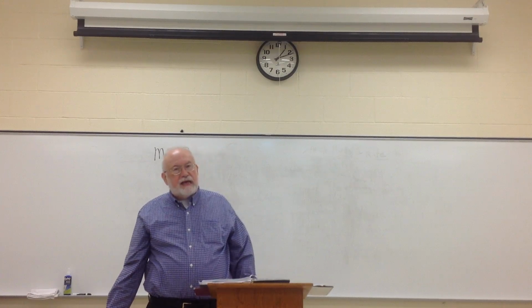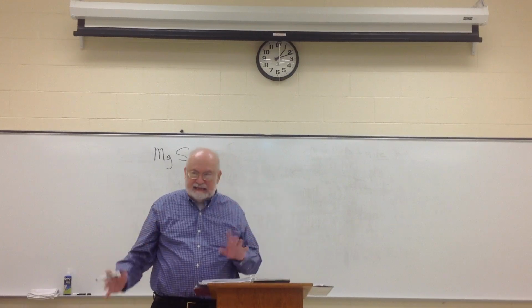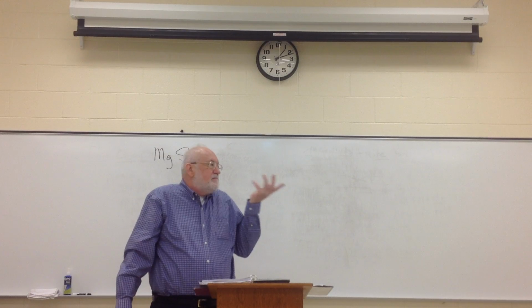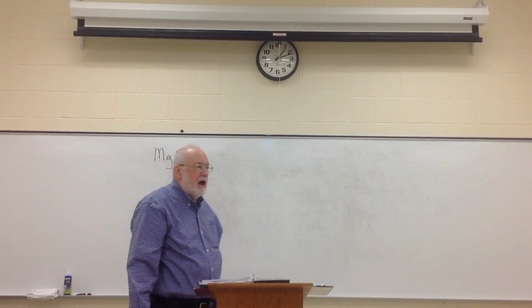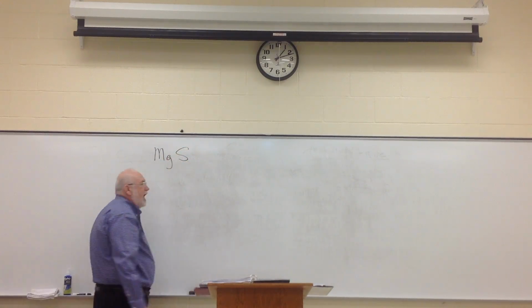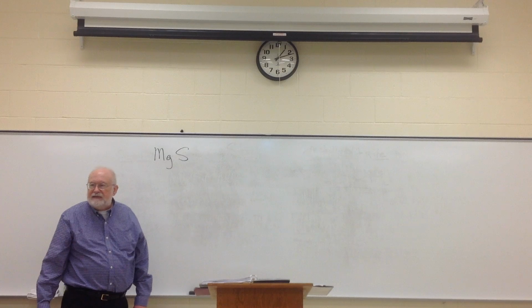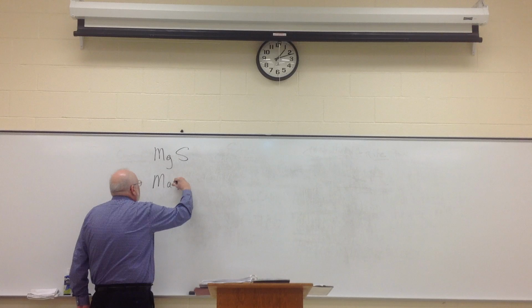Don't worry about subscripts. We're not really going to pay any attention to how many of these things are there, because, you know, we automatically can figure that out from the formula. All right? Because we know the charges on these things. So what is the cation in this case? It's magnesium, yes.